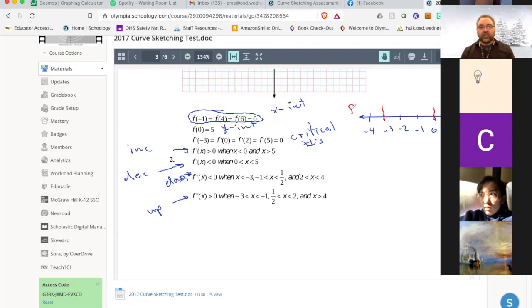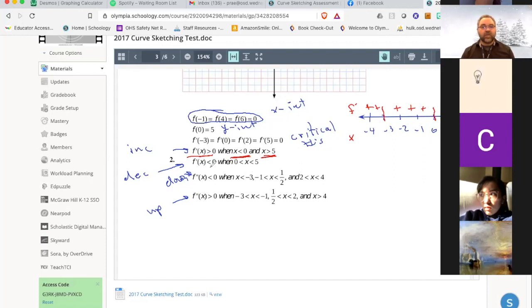So what is f' doing around these points? Well, notice when x is less than 0, f'(x) is greater than 0. So it's increasing whenever x is less than 0. Also when x is greater than 5, so it's increasing out here.